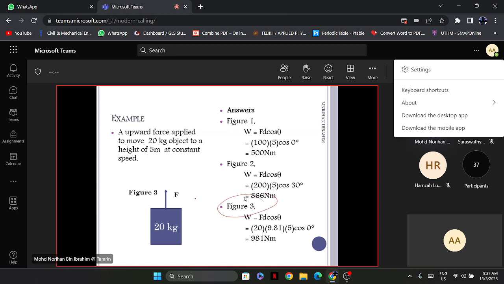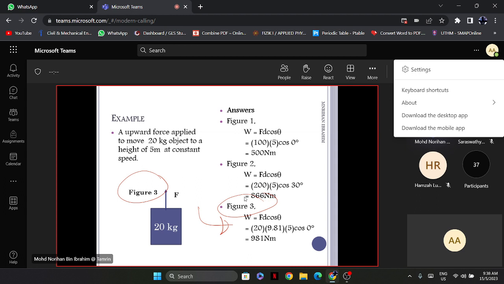So W is equal to FD cos theta. Ataupun U is equal to FD cos theta. You can use any one of these notation ataupun symbol for the works itself.